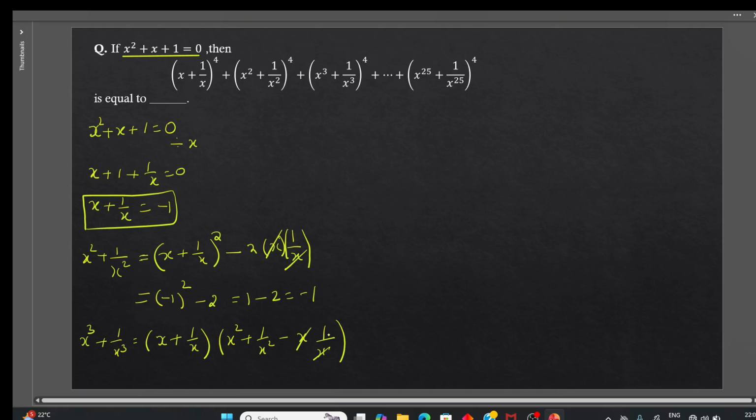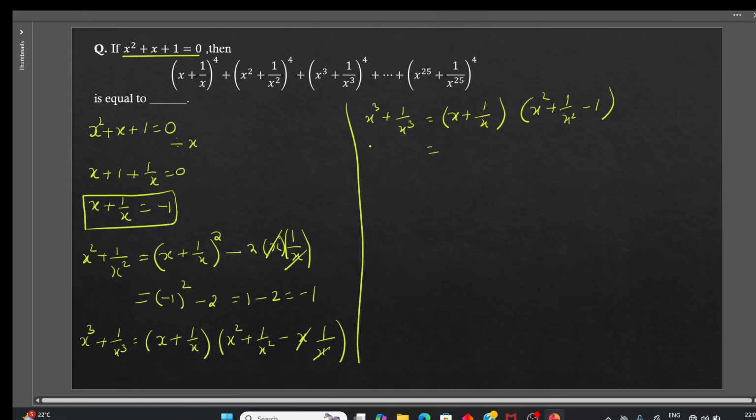Here the x value cancels. The remaining is x cube plus 1 by x cube equal to (x plus 1 by x) into (x square plus 1 by x square minus 1). So x plus 1 by x gives minus 1, and x square plus 1 by x square again gives minus 1, minus 1. That is minus 1 into minus 2, so it becomes 2.